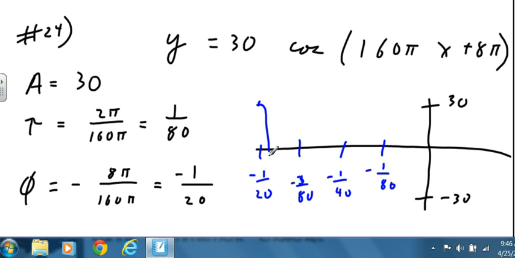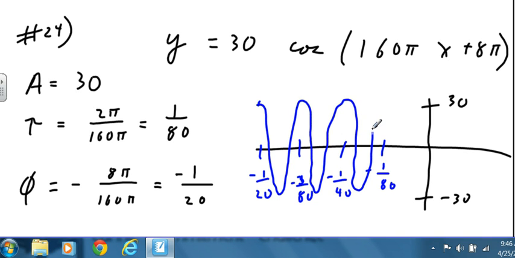It's going to go down, go up and get back to there, and repeat that cycle again and again. So that's an interesting problem, that the phase shift is more than the period.